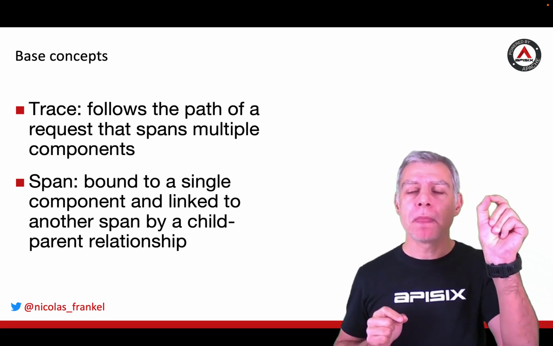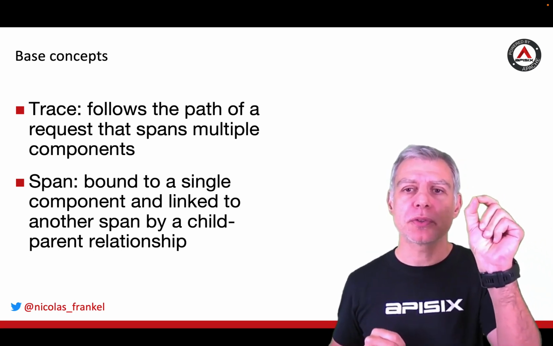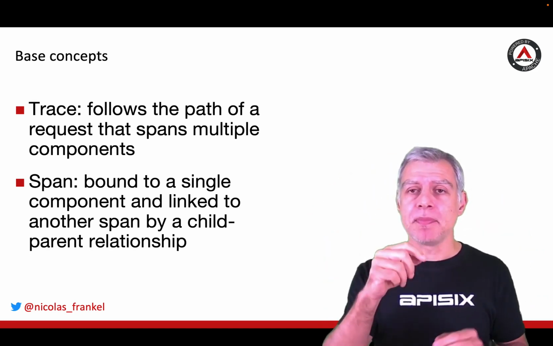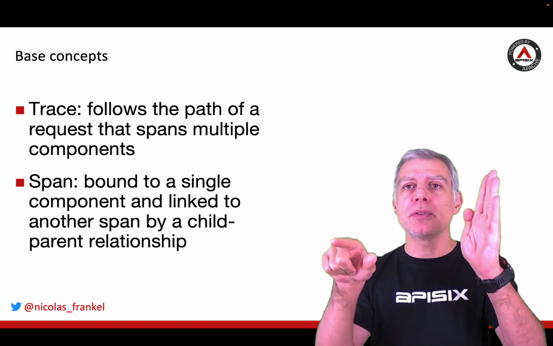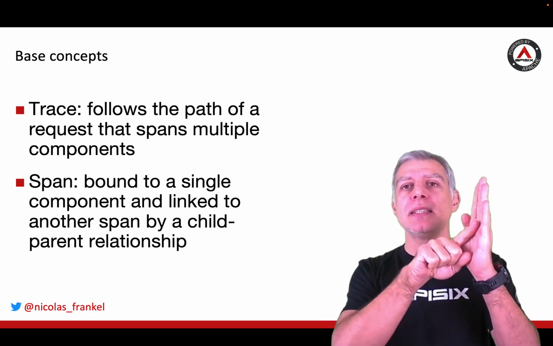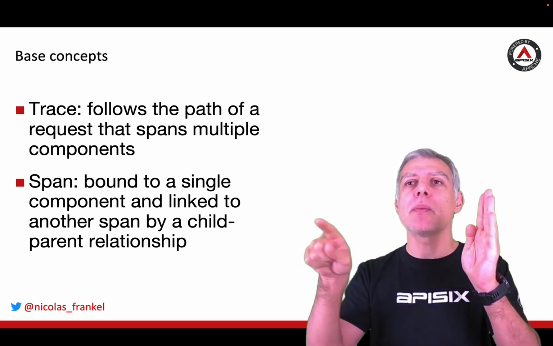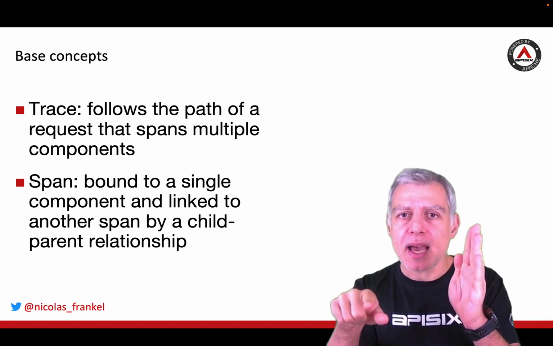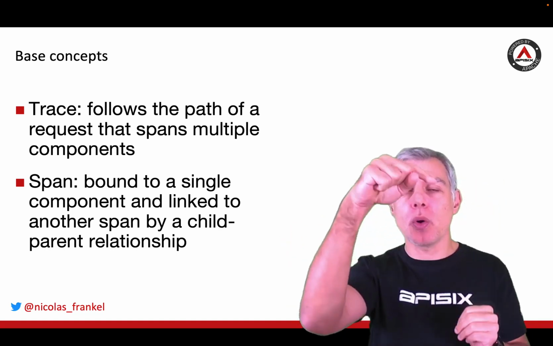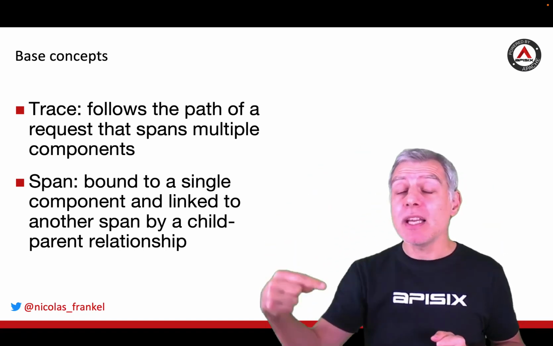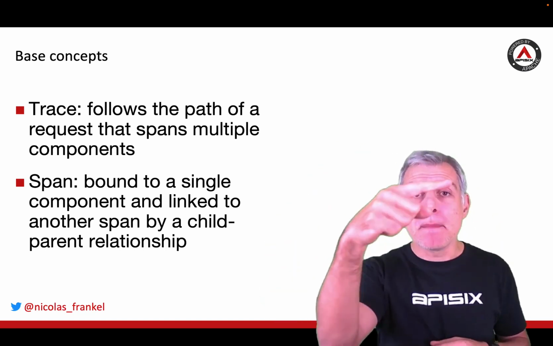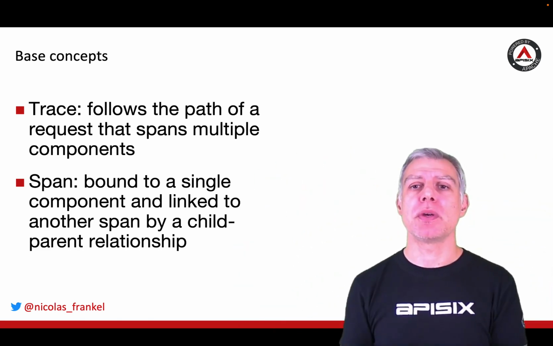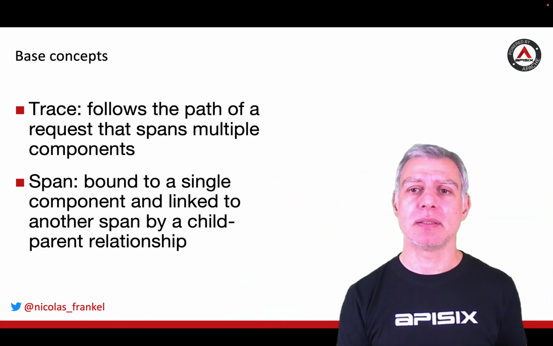The first component is the important one. It gives the first span ID, and then the next component will check the span ID of the parent and say, hey, I am this span ID, so it also generates a new span ID and says, hey, I'm bound with this one. Through all those parent-child relationships, you can actually make sense of the flow and check the flow overview in one set.